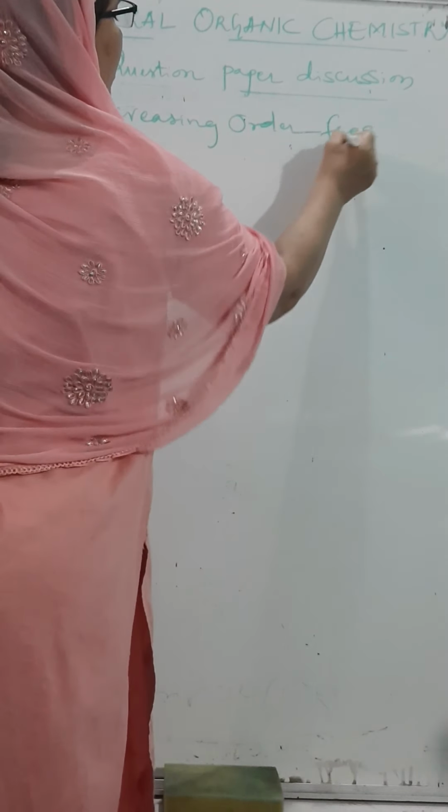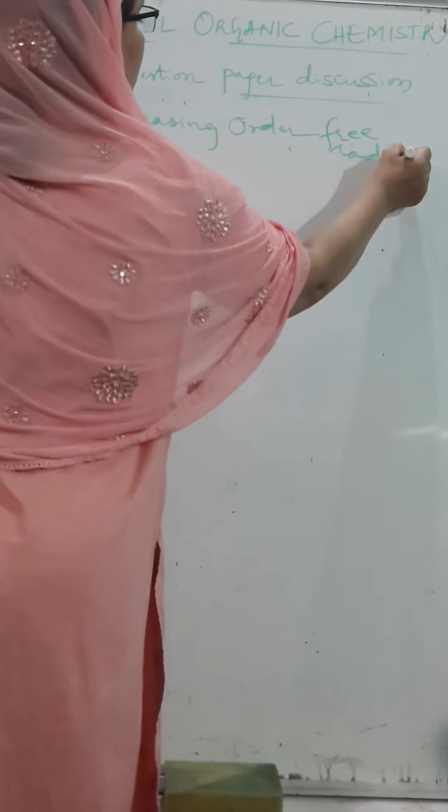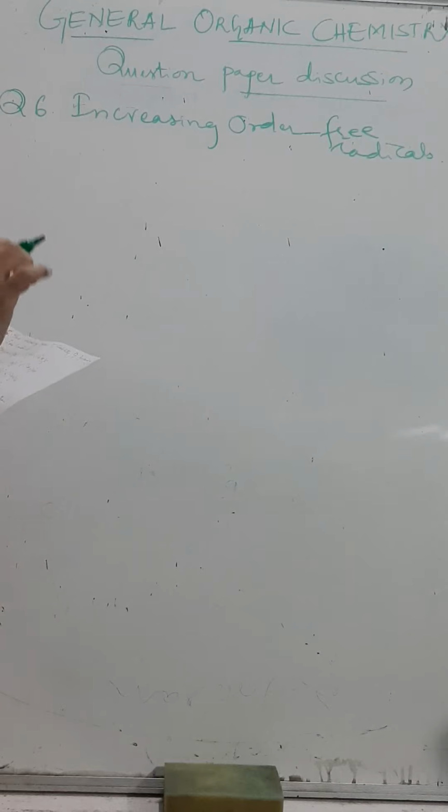Again, the question is related to free radicals, but the concept is different. First we will see what they are comparing. They are comparing phenyl-substituted as well as methyl-substituted free radicals.